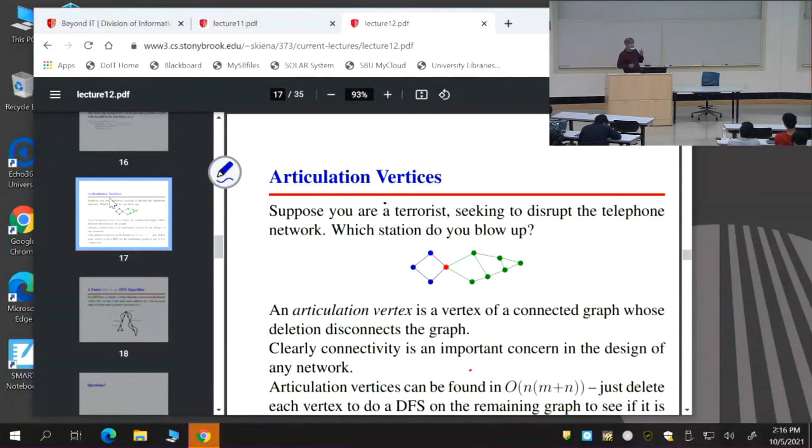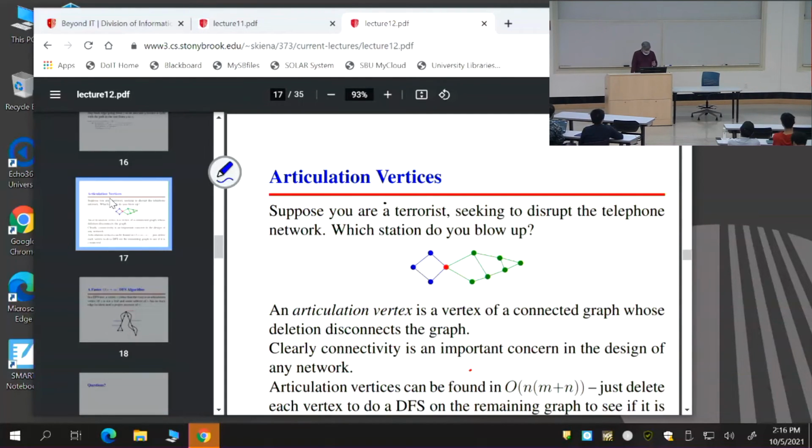Based on what we've talked about so far, can anybody give me a simple algorithm to test whether there is a point of failure in a graph? Yes? Try deleting every single vertex and do a BFS and see the one that gives you the most connected.